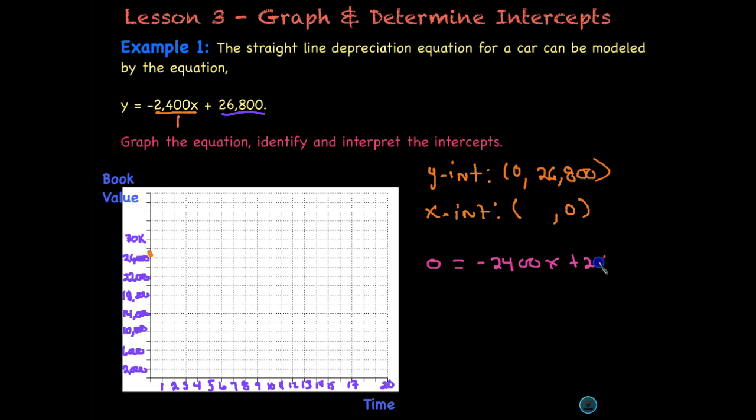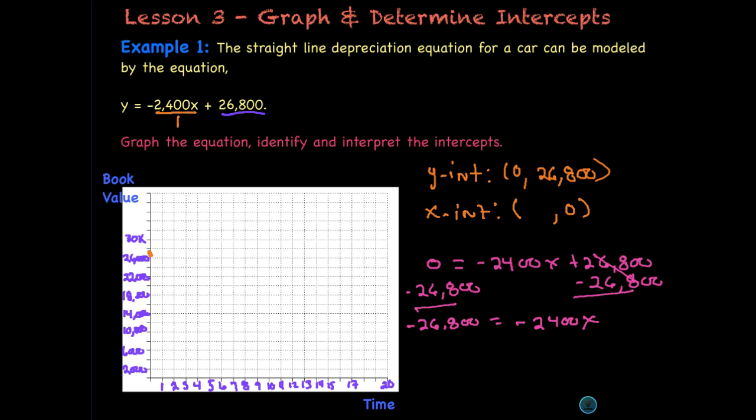In order to do that, I would need to move 26,800 to the other side of the equation. So I'll move that over now. After doing that, I would have negative 26,800 on the left. These are now gone, they've zeroed out, and I am left with a negative 2,400x.